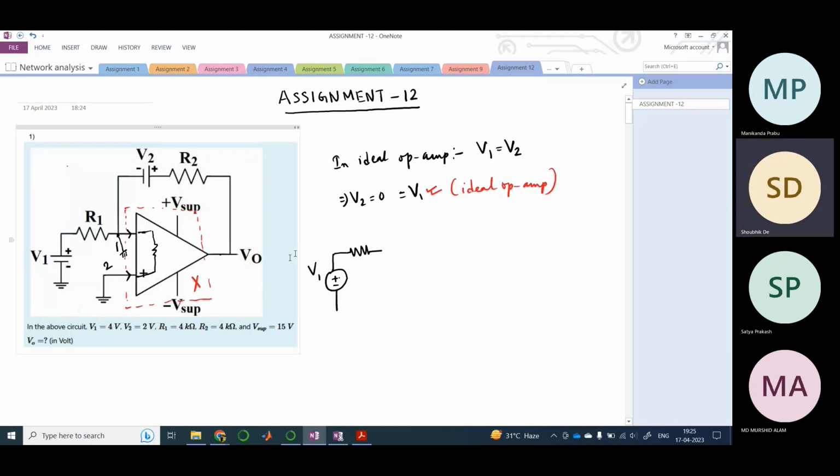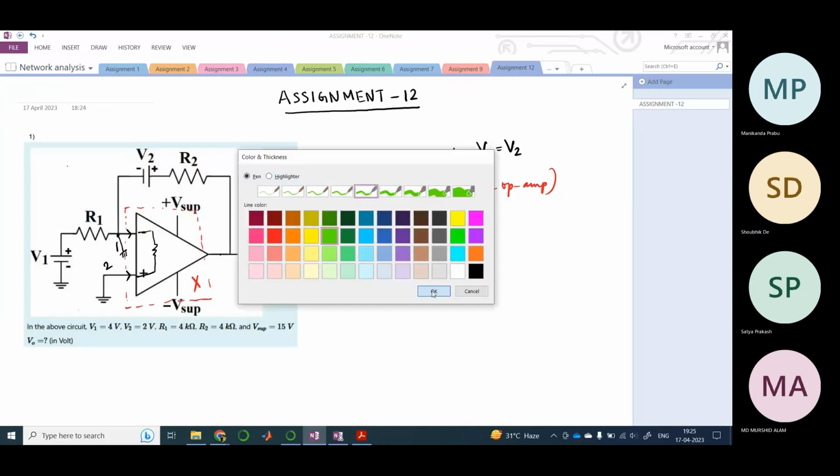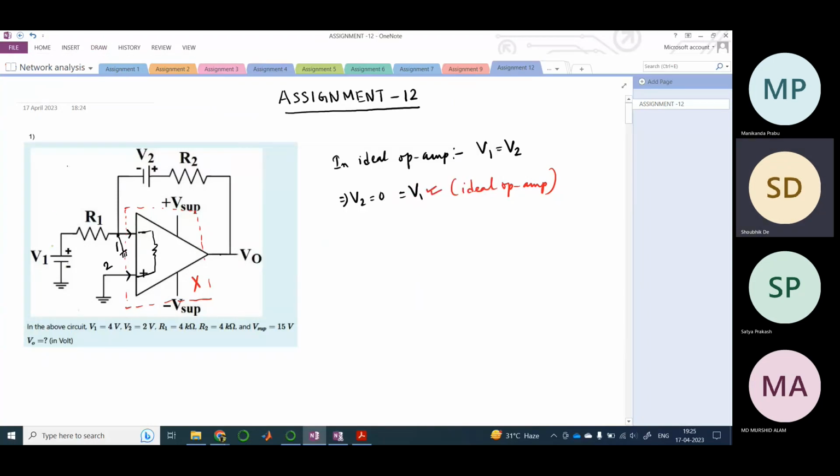So this would make the circuit more complex. I mean, let us directly look at this circuit only. See, let us say that through this voltage source, a current I is flowing, right? Now current won't be entering into this path, right?